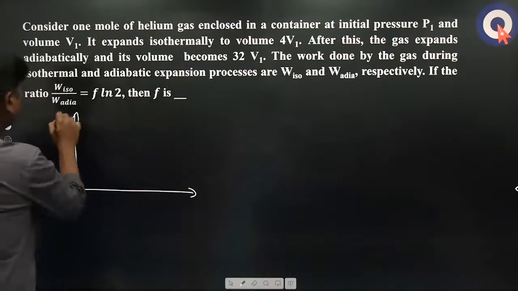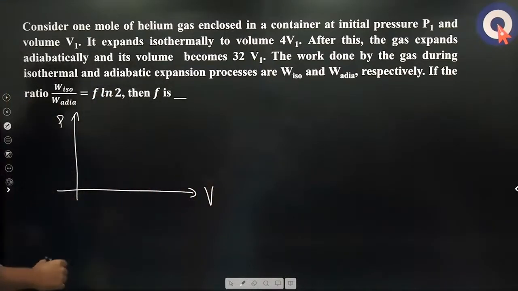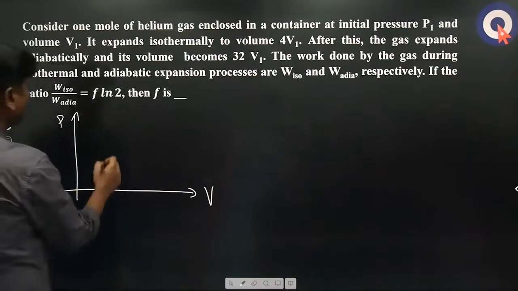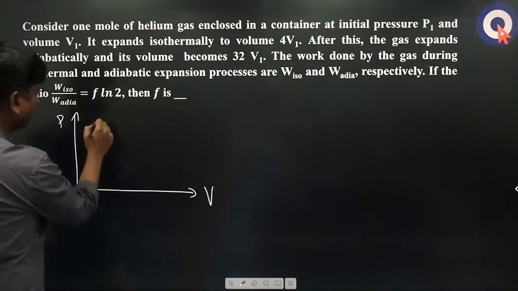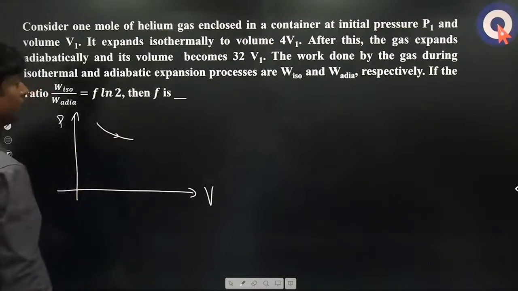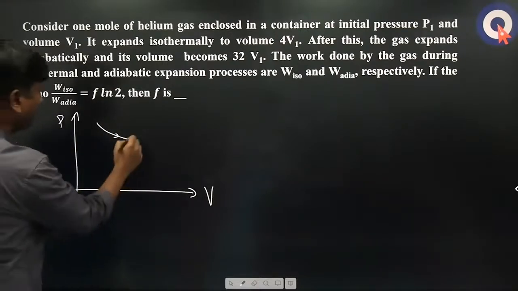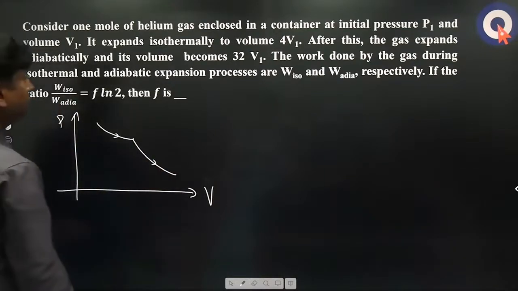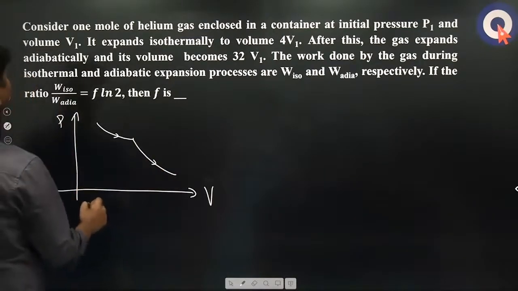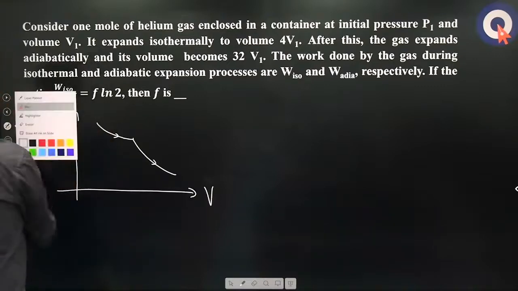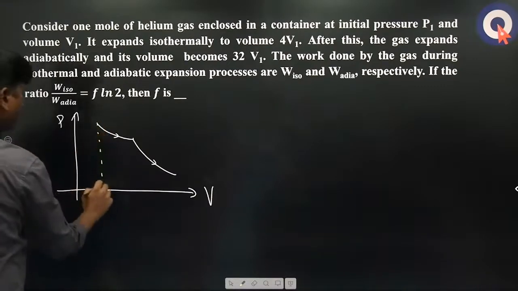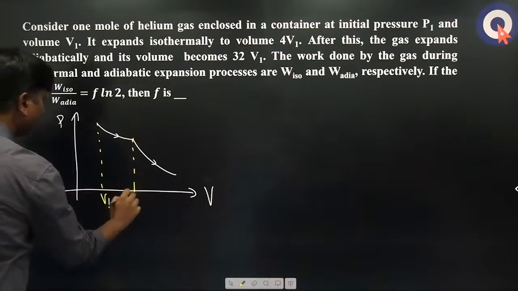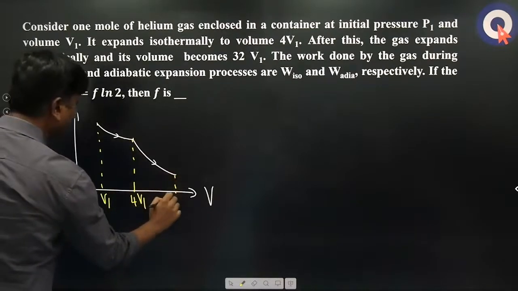This is a PV graph. First it is expanding isothermally. Initially its volume was V1. Okay. So let it expand like this. Right. After this it is expanding adiabatically, so steep. Correct. Okay, initially the volume was V1. This you can take as V1, then 4V1 and finally 32V1.